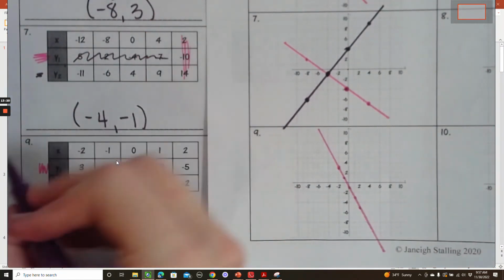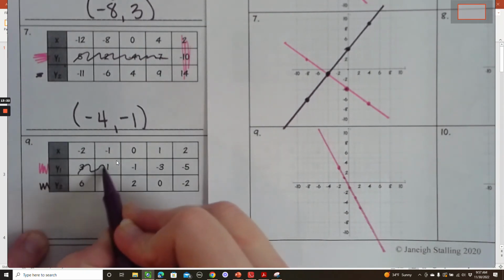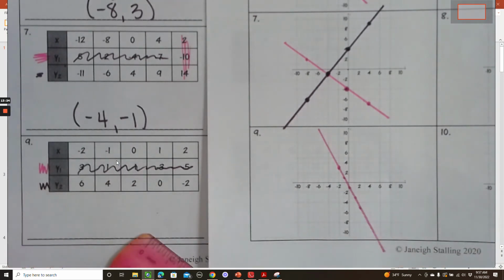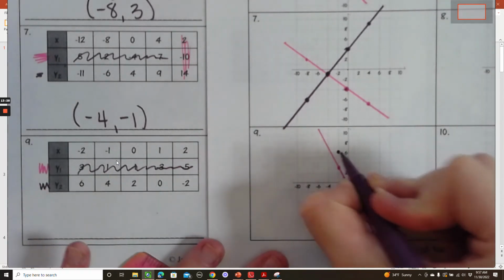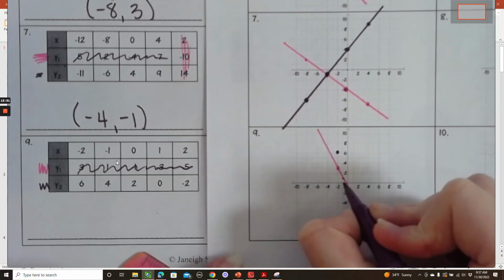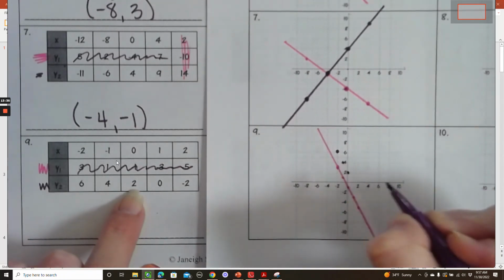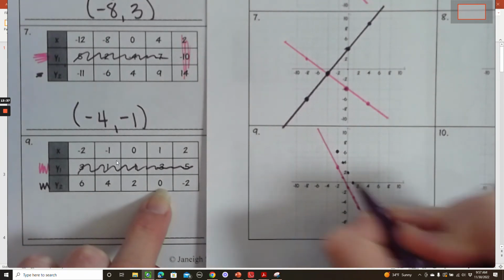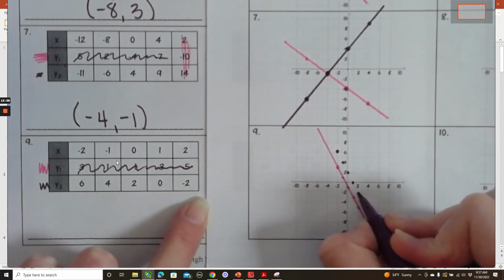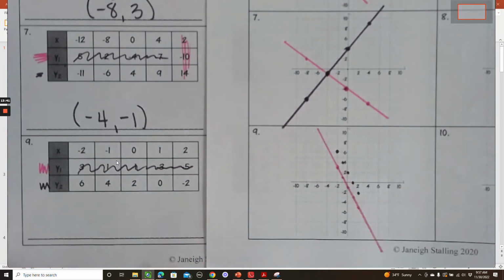And then for my other line, this y2, we ignore this row. So now we've got -2, +6, -1, +4, 0, 2, 1 and 0, and then 2 and -2.